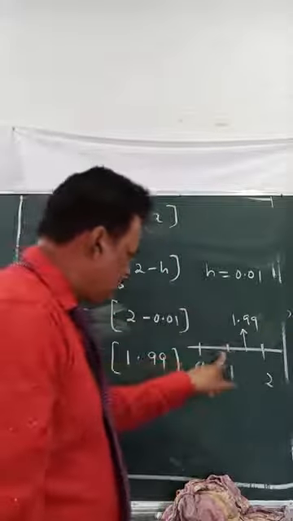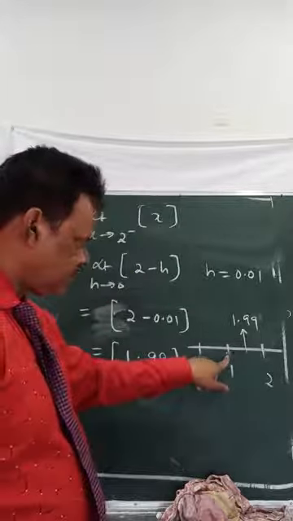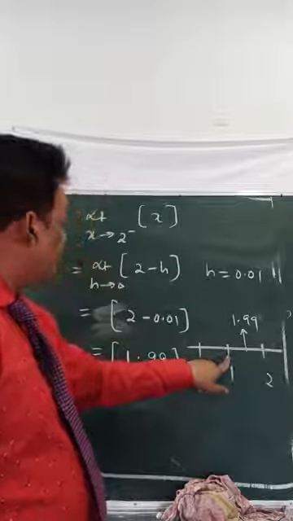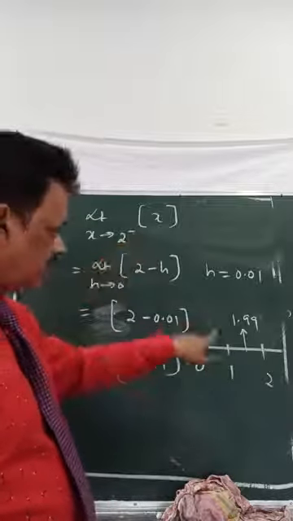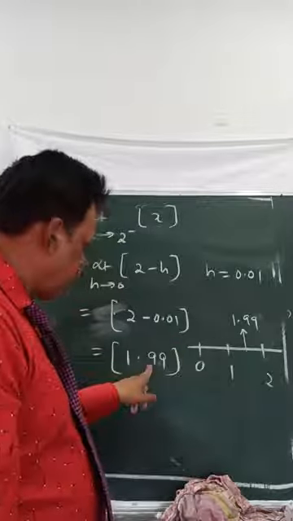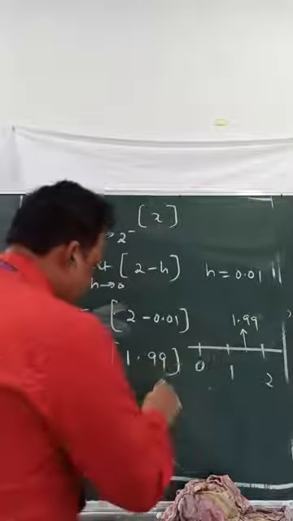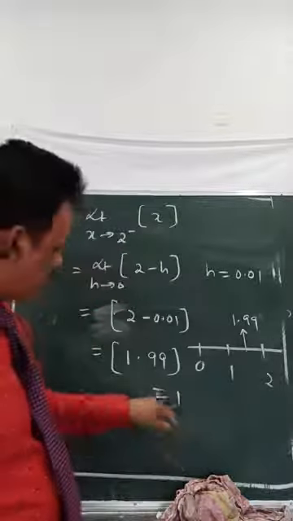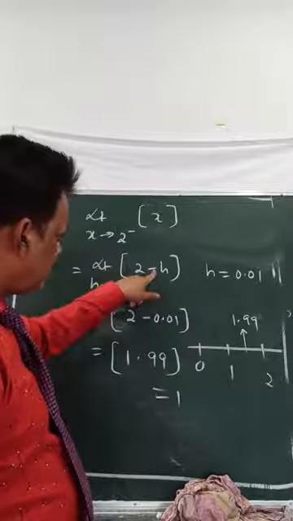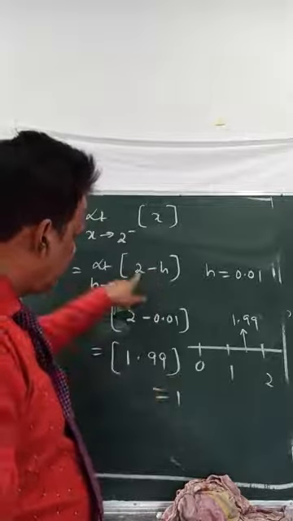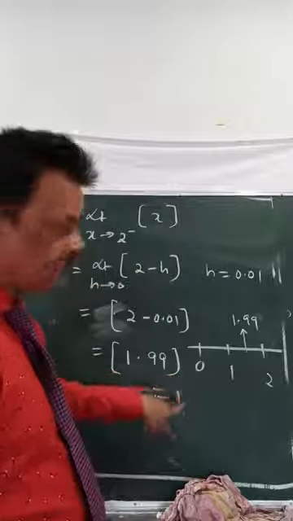The smaller value will be 1. I have taken the left hand limit, look at here. This value is 1. So we can guess here, when you take the left hand limit, the result is the limiting value minus 1, so the result is 1.